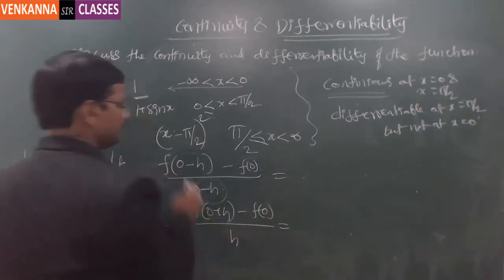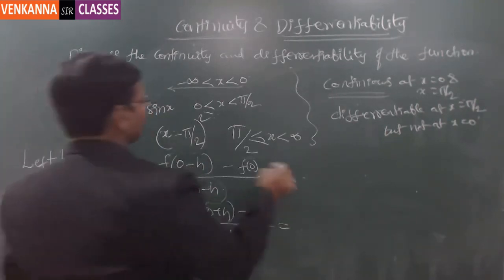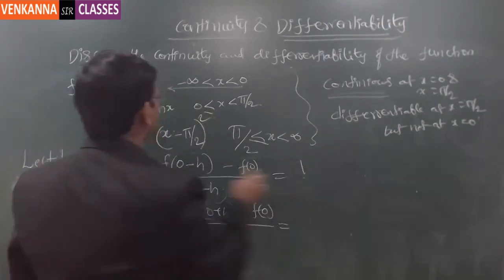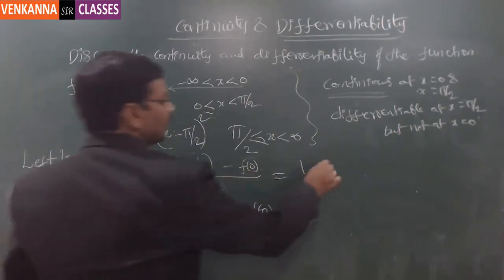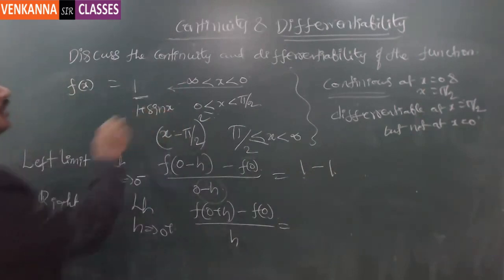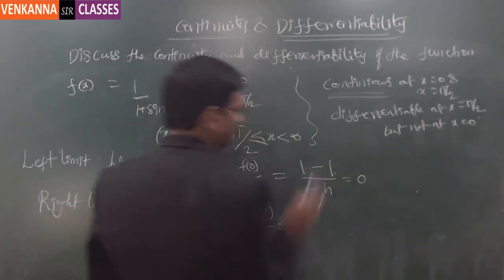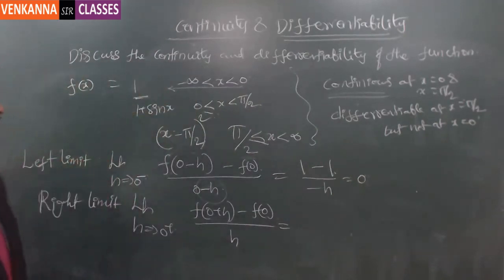So this value is f of 0 minus h. Then 0 minus h is negative. This is 1, and f of 0 is again 1 because sin 0 value is 1, divided by minus h. This value is coming out to be 0. This is the left limit.